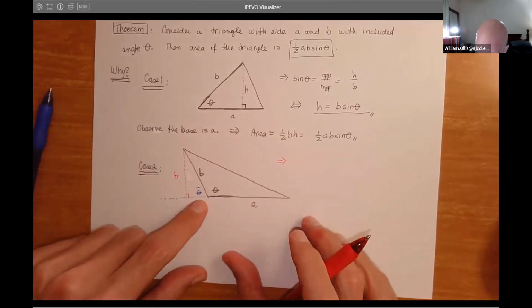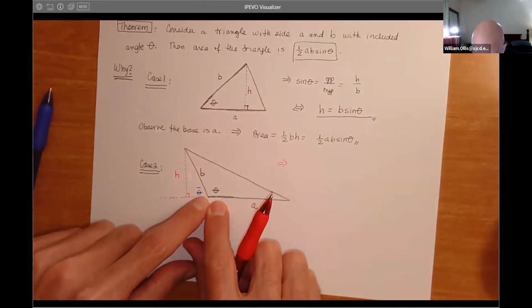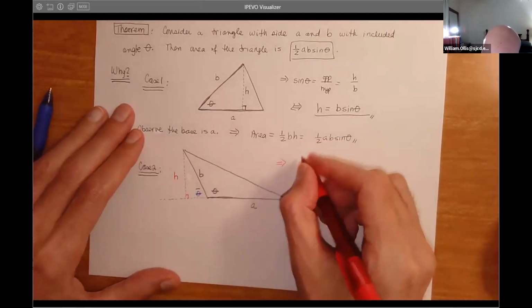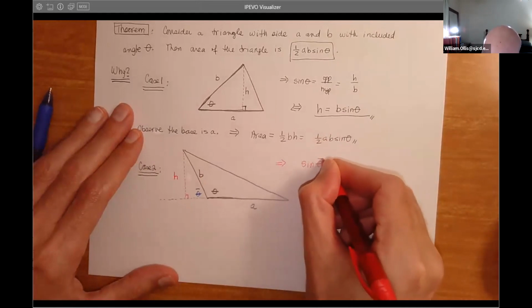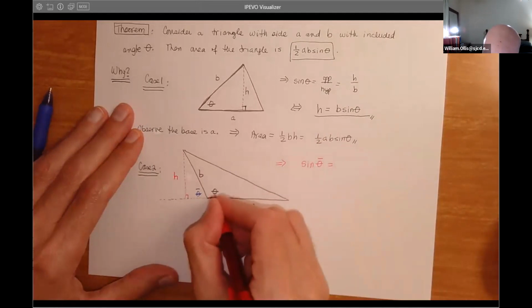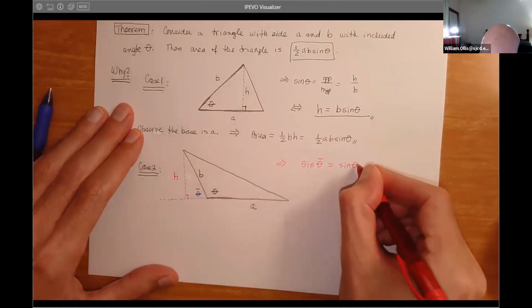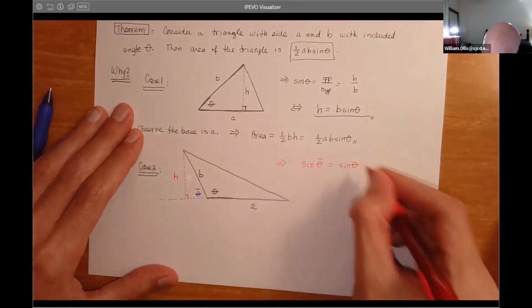So now we can see we'll use the same trig function relative to theta hat. We have what? Opposite over hypotenuse. So sine of theta hat, which is also, since theta is in the second quadrant, this is sine of theta. So we're using our work from chapter 5, and I don't need a hat anymore because these are equal.